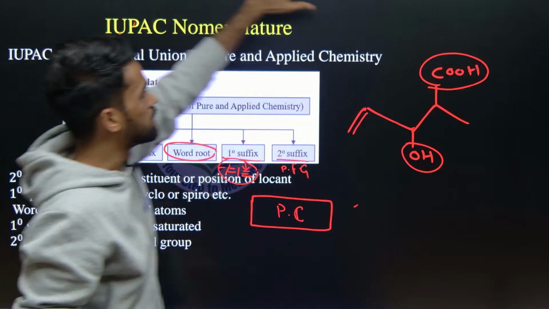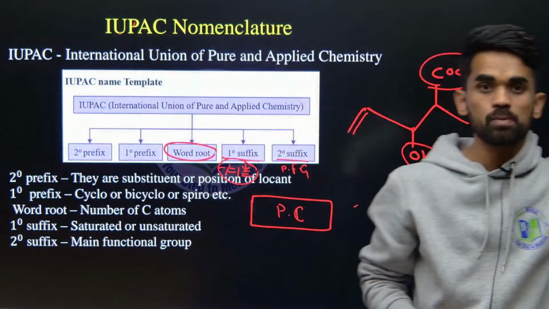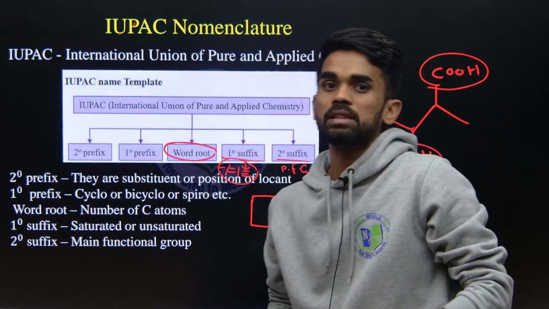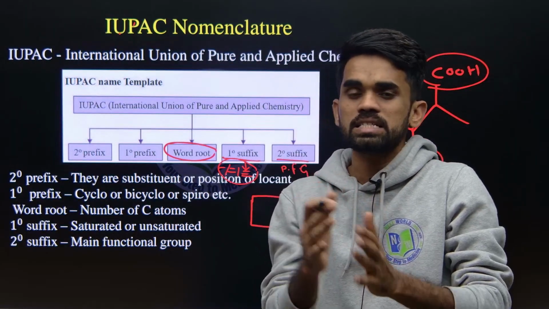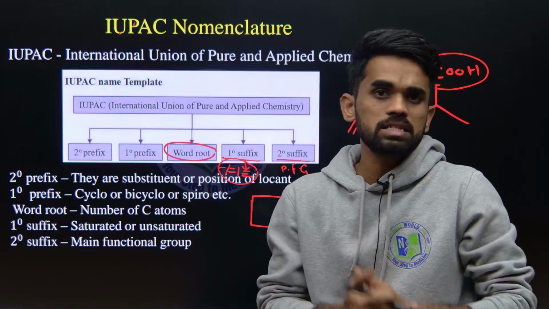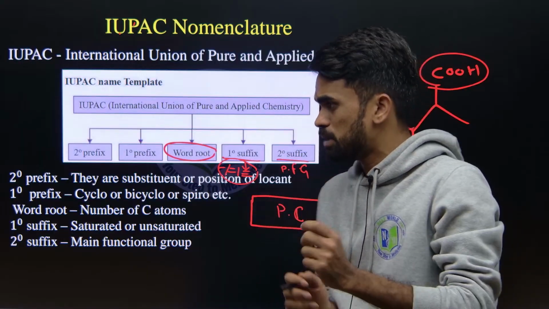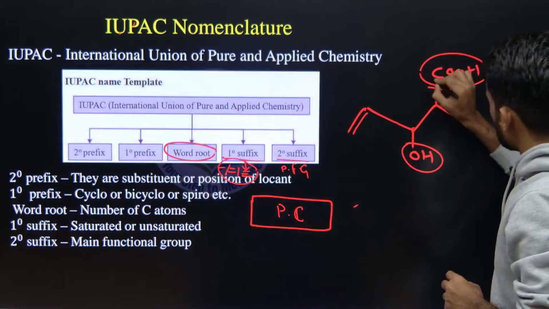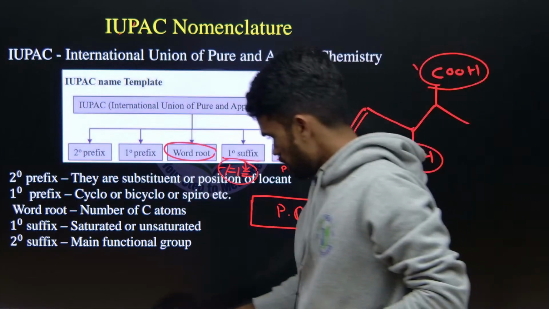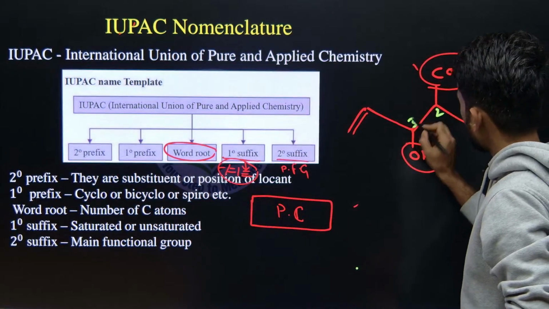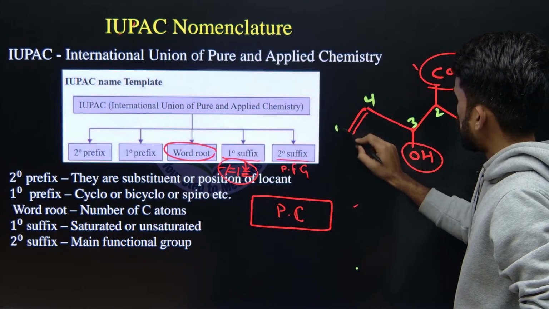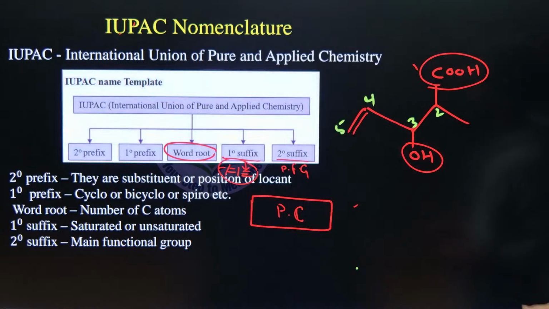This COOH is the priority functional group as per the priority table we discussed yesterday. Carboxylic acid, sulfonic acid, esters, cyanides, all these we discussed in the last class. Based on that, write number 1 here, and the next is 2, 3, 4, 5. Like this we need to identify the longest hydrocarbon chain.